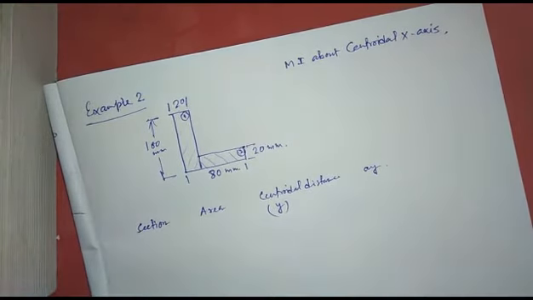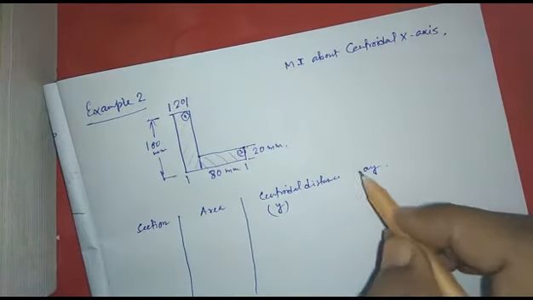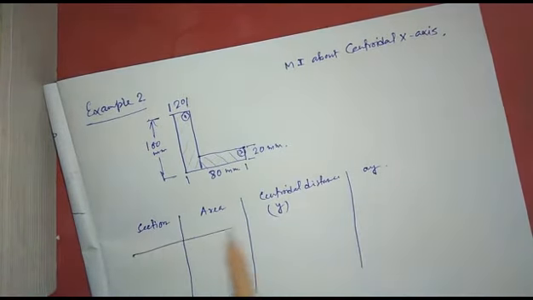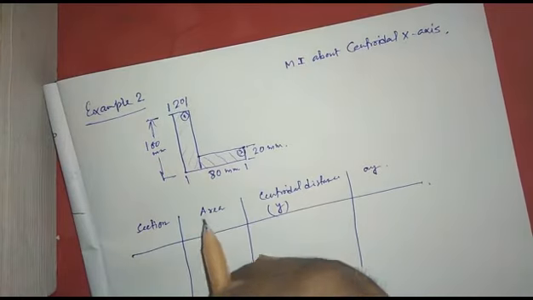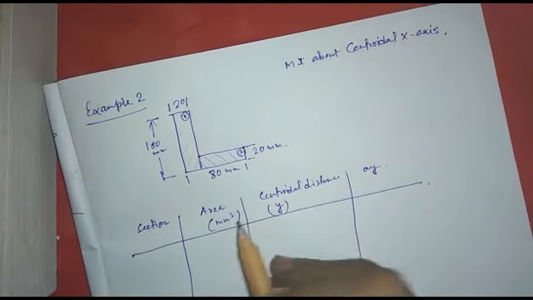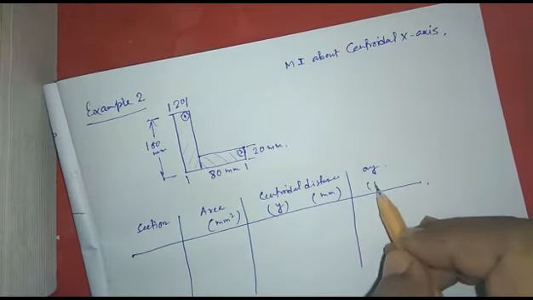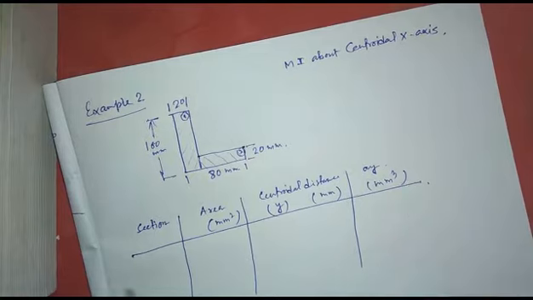Okay, so let's do that first. Area should be in millimeter square, distance in millimeter, and Ay in millimeter cube. Section 1 and 2, only two sections we have.